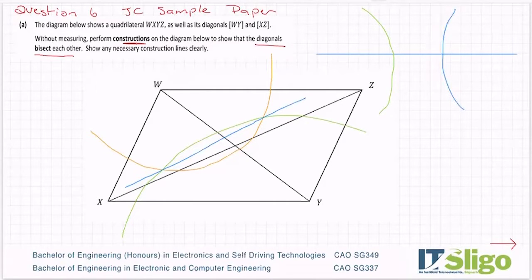Then in blue, I put my needle in here and draw my semicircle. You see, if it's not more than halfway across, these two semicircles will never intersect. We need them to intersect so that we have these crosshair points, because it's from one crosshair to another that we draw the line to bisect the line. So that's why it has to be more than halfway.